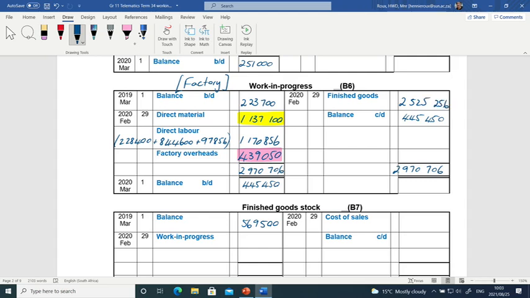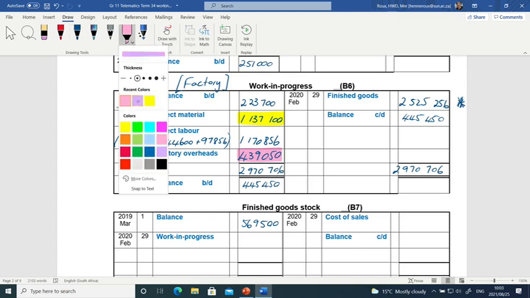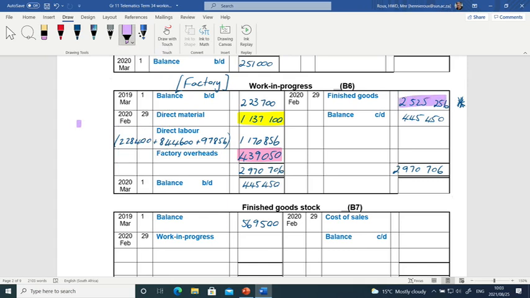And this is now the cost of production of finished goods. This is what I actually wanted to calculate, and that will be transferred to the finished goods account, because this is the value of the products that I produced.